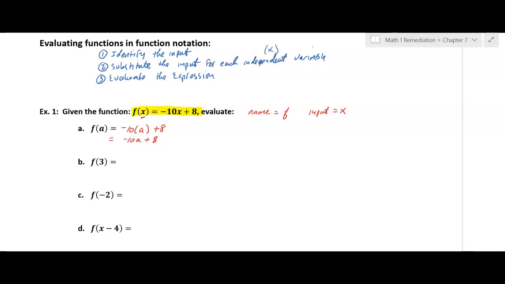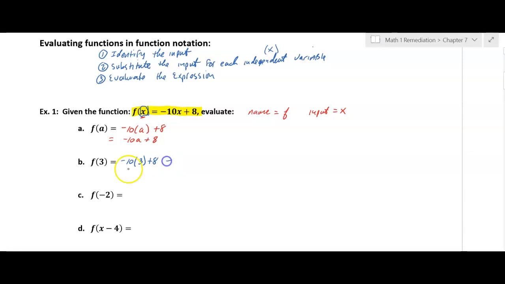So what we're trying to show you here is all you're doing is replacing the variable with the input value in the parentheses. Next, f of 3. So f of 3 would be negative 10 times 3 plus 8. Now I want to evaluate this using correct order of operations.